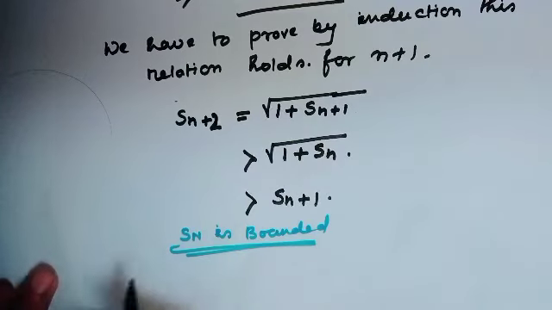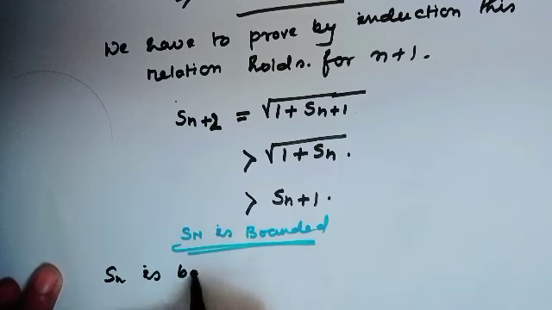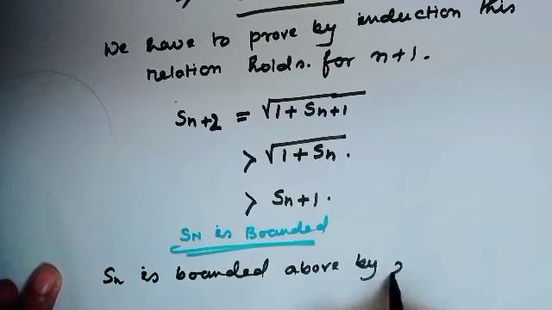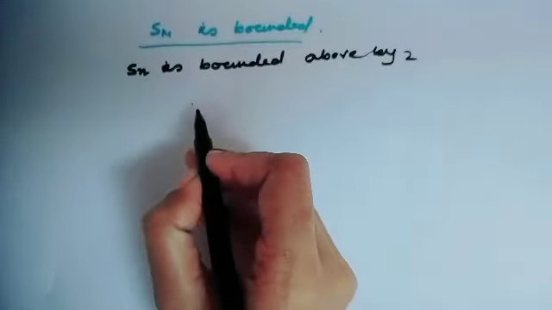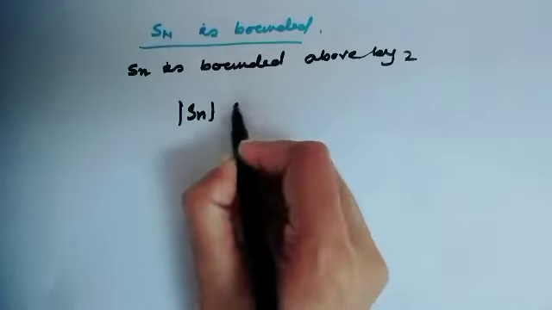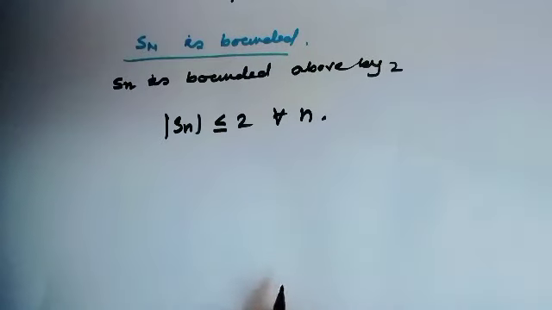So Sn is bounded above by 2. Okay. Alright. Actually we have to prove the absolute value of Sn is less than or equal to 2 for all n.